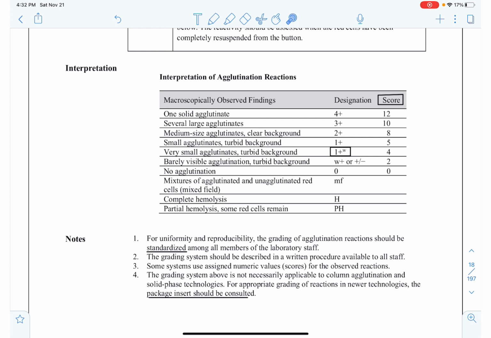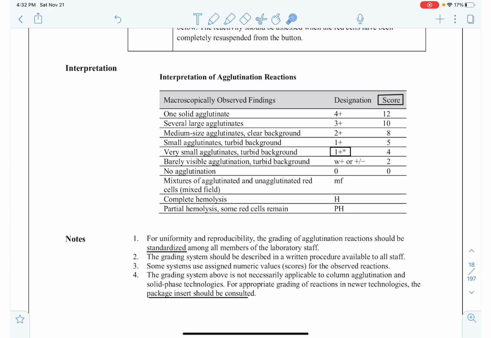So while you're training a newer technologist, you'll want to ensure the technologist is shaking adequately and erring on the side of caution. Vigorous shaking can result in false negative reactions, which are very misleading in your interpretation of an antibody identification.